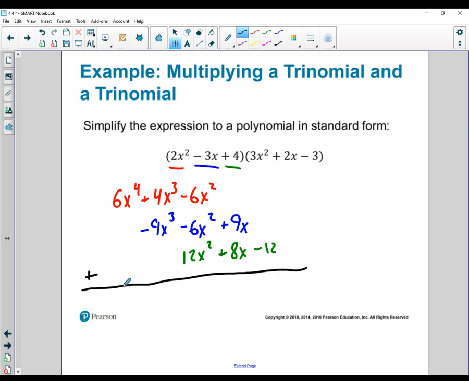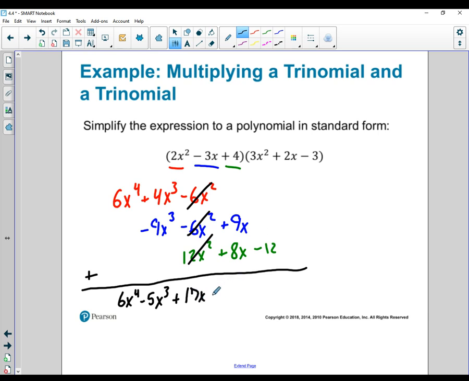So make your life easier, right? And then 6x to the fourth. 4 minus 9 is going to be minus 5x cubed. Negative 12, these all cancel out, right? Minus 6 plus 12, those end up canceling out. 9x plus 8x is going to end up being 17x.